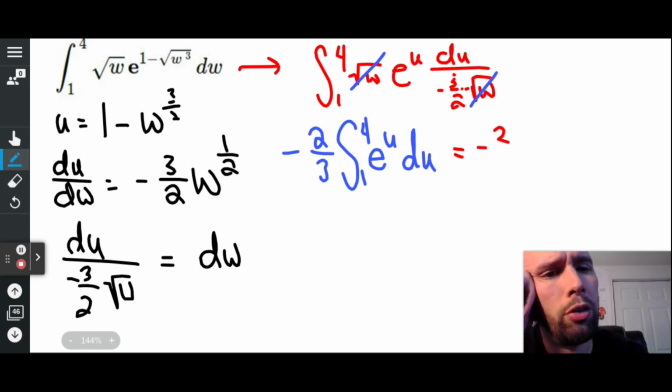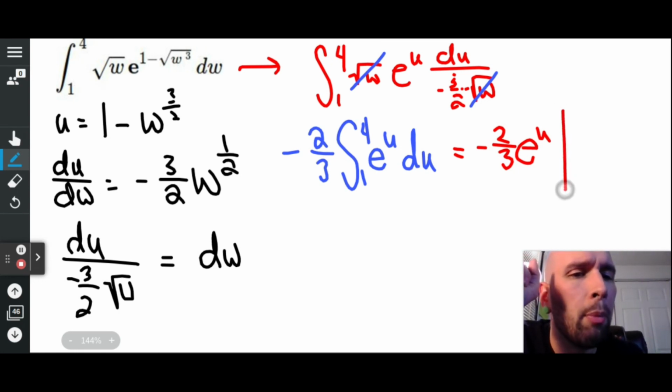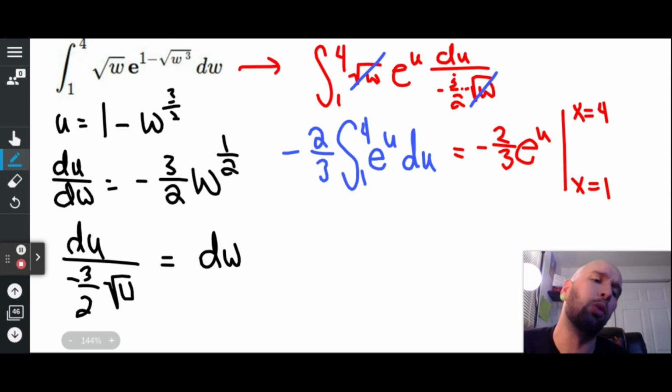Negative 2/3 e to the u, because the derivative or integral either way of e to the u is e to the u. But what I have to remember are my limits of integration, and my limits of integration are for the x values and not for the u values. So I'm going to write out x equals 4 and x equals 1, because my limits are for x.